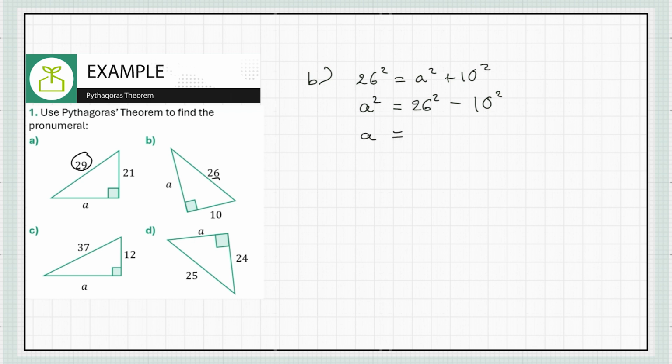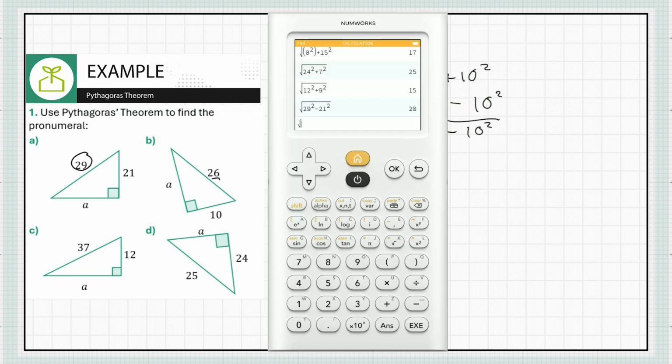So a will be equal to the square root of 26 squared minus 10 squared. So a is equal to, put that in your calculator, 26 squared minus 10 squared. Alright, and that equals 24.